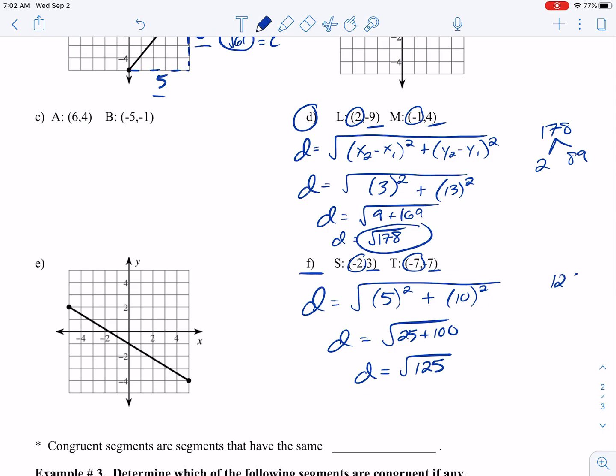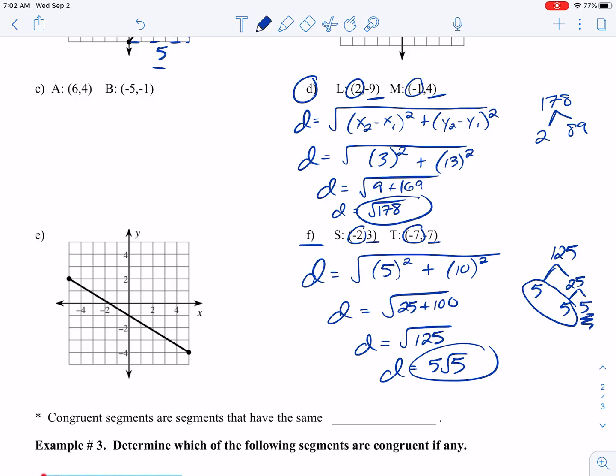When we factor down our 125 using our prime factor tree, 5 and 25. All right, finally a pair that we can take out. When we're simplifying radicals, we're taking out pairs. So we can take out a 5, and we're left with this 5 underneath our radical. So 5 root 5 for the length from S to T.